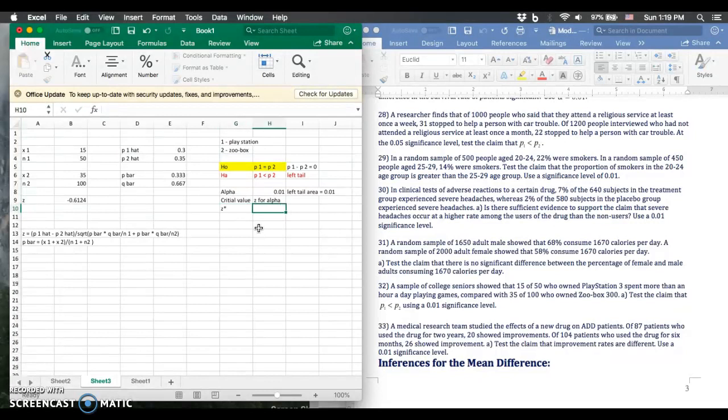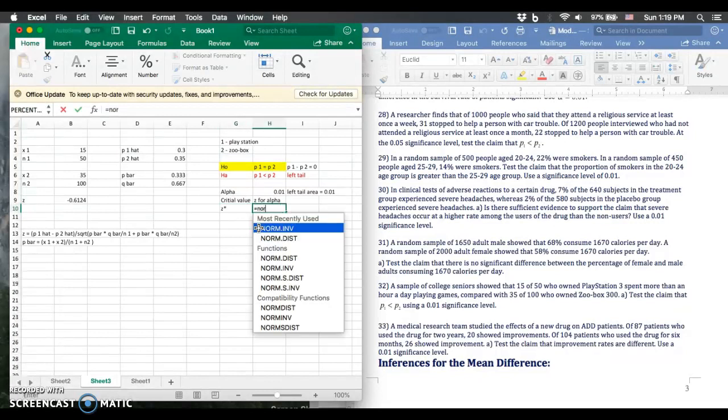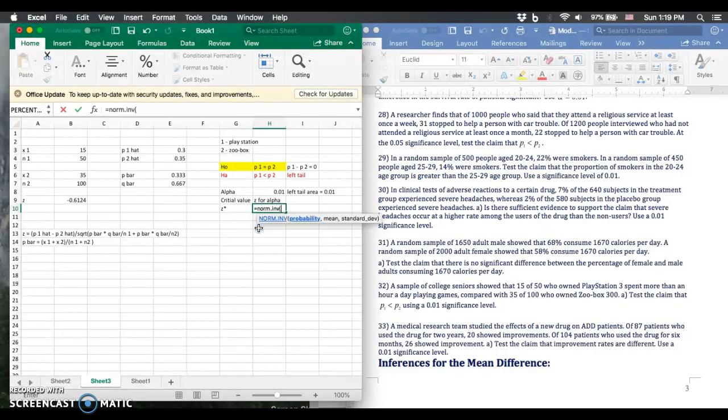I'm going to say z star is going to be the norm inverse of the area 0.01, because using the cell, that's the probability. The mean is going to be 0, the standard deviation is going to be 1, since we're talking about the standard z-score. So I have the z-score is negative 2.326.